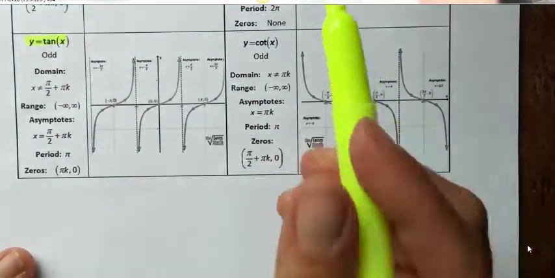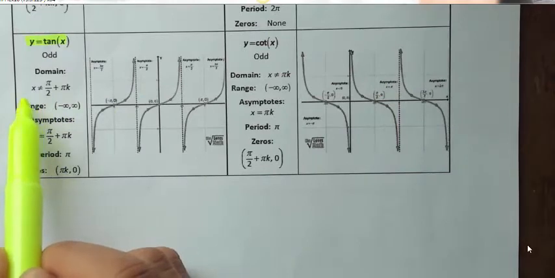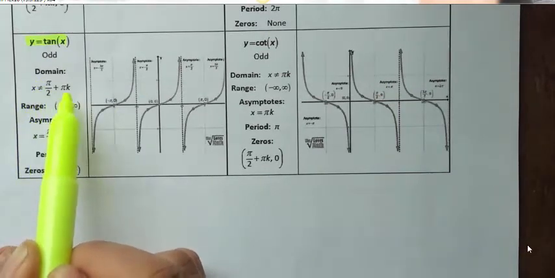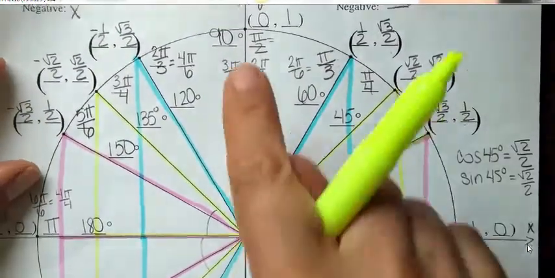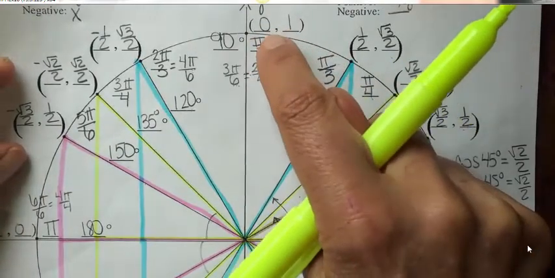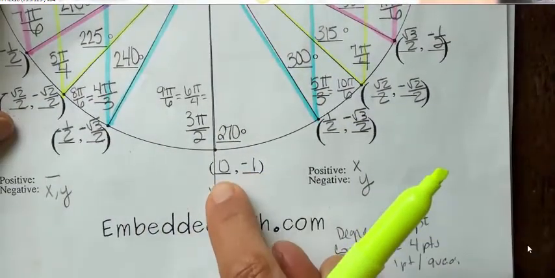Okay, so your domain here is basically that it can't equal pi over 2, or 90 degrees, plus a rotation of pi. So it can't equal 90 degrees, or pi over 2. And then it also can't be down here, right? Because that would be negative 1 divided by 0.